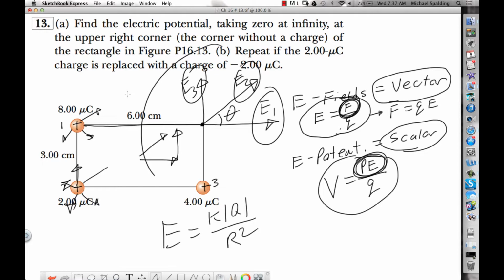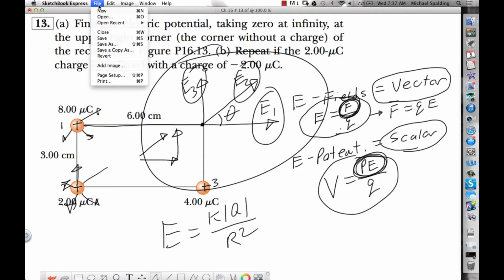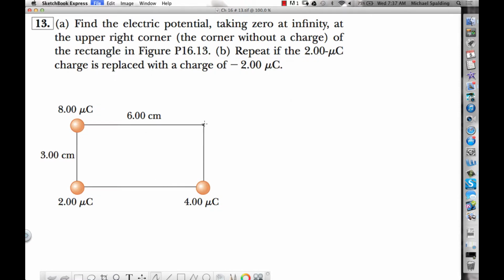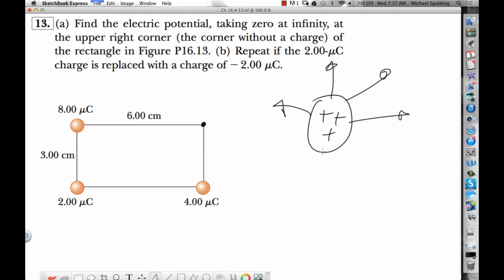Now, watch how to do this problem. So what do they want in that upper right-hand corner? They want the electric potential. Much easier. Now, what's the equation that we're using? If you have a point charge, and you want to calculate the electric potential at a distance from the charge, what's the equation?